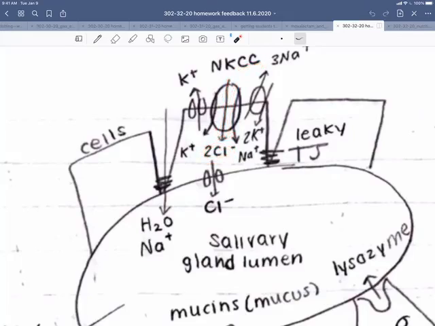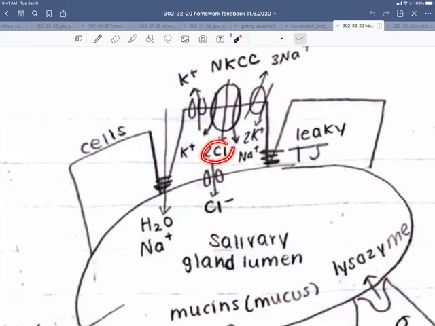It's a secondary active transporter that is powered by sodium moving in, and that brings the potassium and the chlorides with it. Of course, the potassiums are recycled, and the sodiums are pumped back out through the sodium-potassium pump.